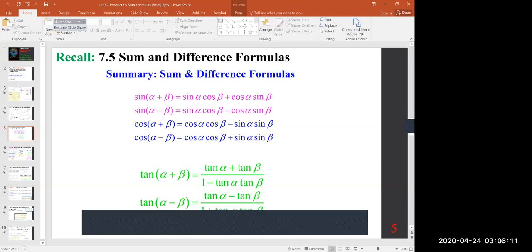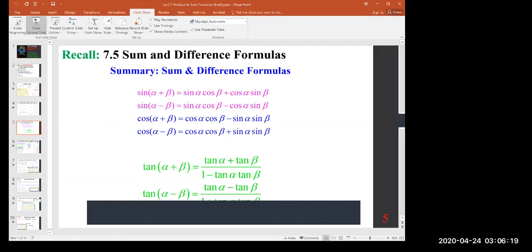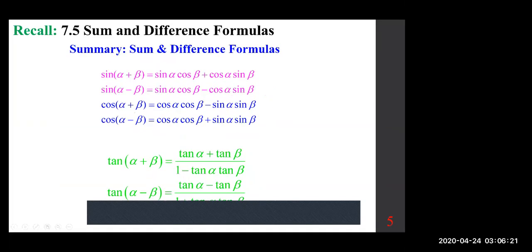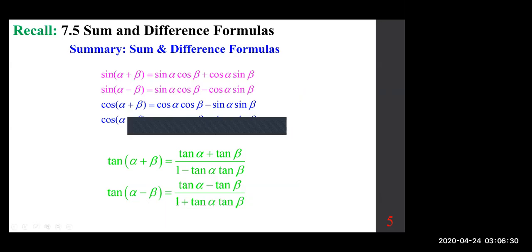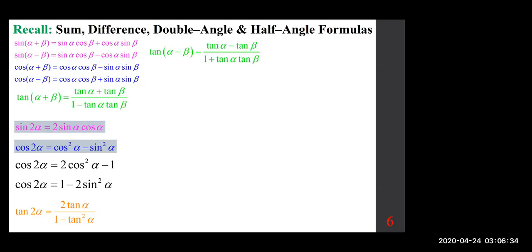So now, let's just hide this so it becomes easier to read and see everything. So this is the sum and difference formulas, okay?